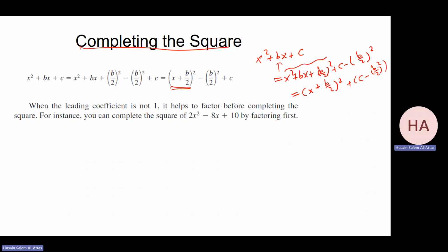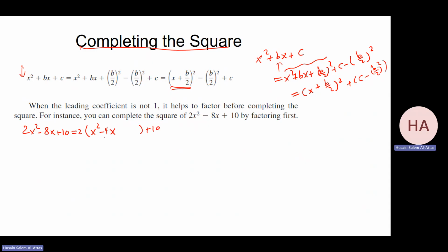In this one the coefficient is 1, so it will be easy, but if the coefficient is not 1, you take it as a common factor. I have 2x squared minus 8x plus 10. I take 2 as a common factor. What's remaining? x squared minus 4x, and plus 10 outside.